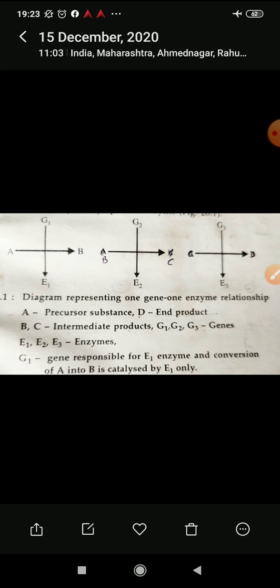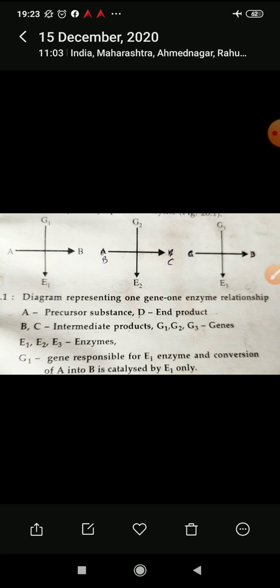We will see here how genes express and what is the relation, particularly the relation of genes and enzymes.